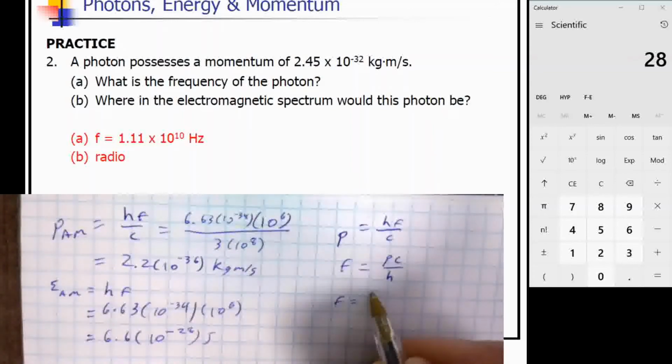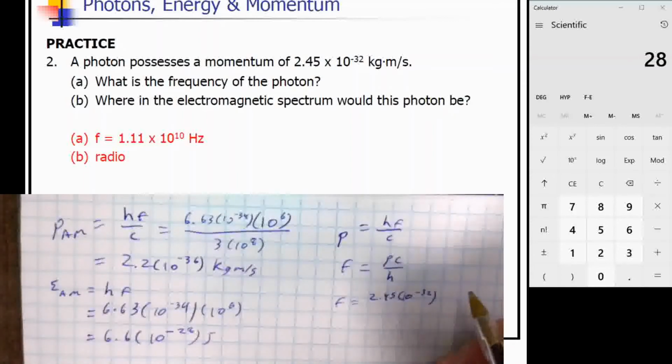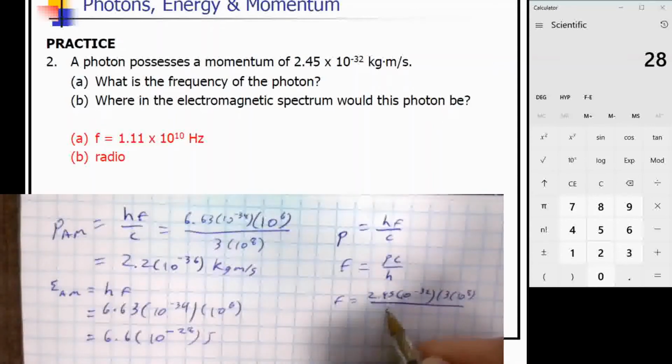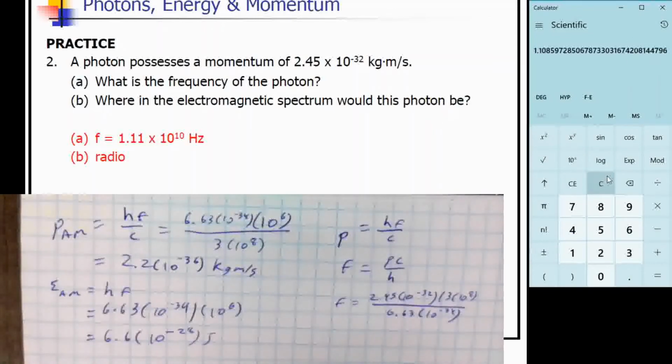So momentum is 2.45 times 10 to the negative 32. c is 3 times 10 to the 8. And h is 6.63 times 10 to the negative 34. So it's going to be 2.45 times 3 divided by 6.63.